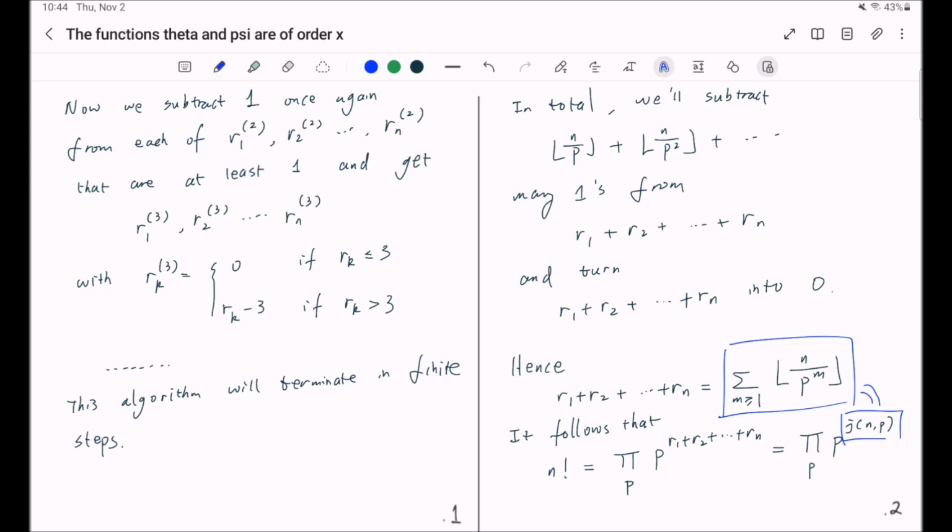And this finishes the proof of Legendre's formula. And I hope that this proof looks more formal than the Wikipedia's proof.